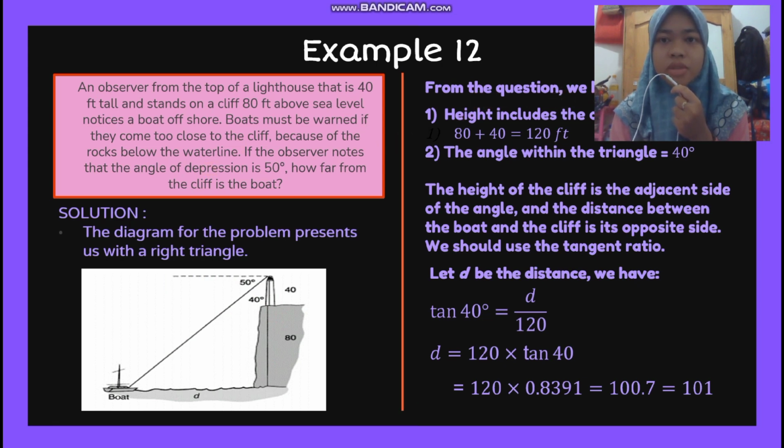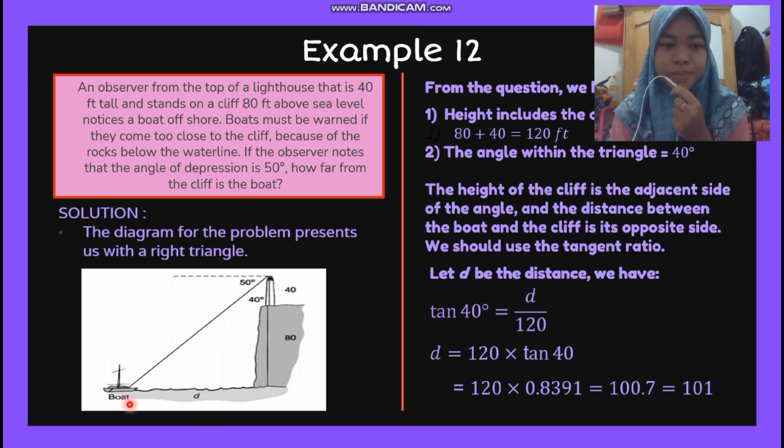From the question we know first the height including the cliff is 80 plus 30 equals 110 feet, and next the angle within the triangle is 40 degrees. The height of the cliff is the adjacent side of the angle, and the distance between the boat and the cliff is its opposite side, which shows us the tangent ratio.